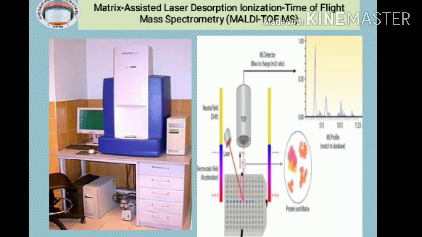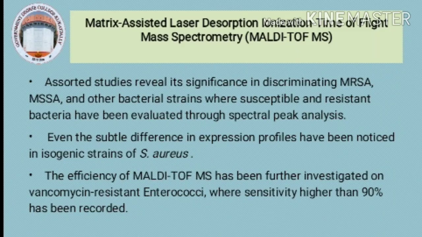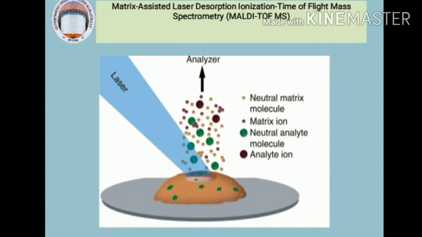MALDI-TOF-MS, introduced in 2000, is a sensitive method for bacterial identification. High sensitivity and accuracy are the key characteristics that make it a useful method for clinical relevance. A laser beam is focused onto the sample. When the laser beam is focused, the proteins present in the bacterial pathogen are evaporated.